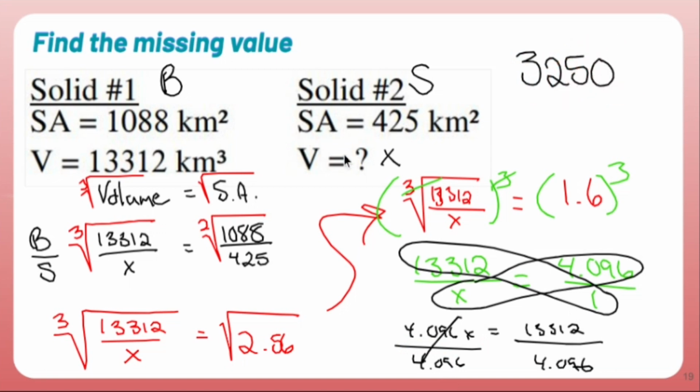Now my goal was to find the volume, kilometers, so kilometers cubed. These problems are not pleasant in any way whatsoever, at all, ever, on the planet. But we did it, and I feel good.